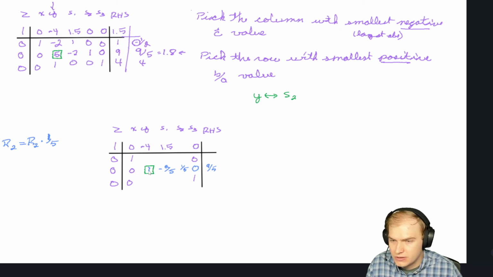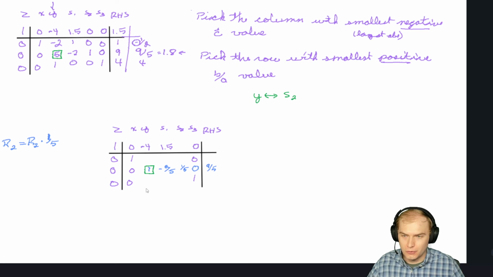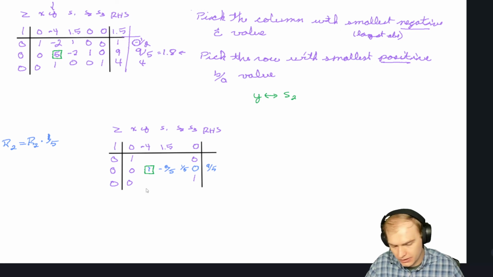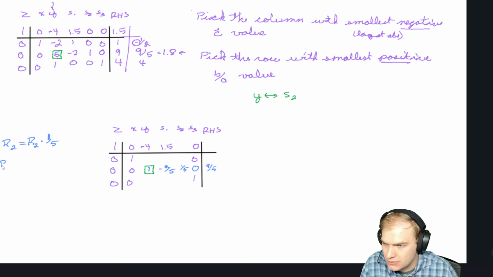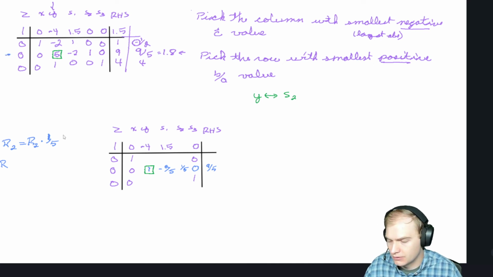And then I'm just going to use this row because it's sort of normalized already. It's got a 1 entry there. I'm just going to use that row instead of this row for our next operations, so we don't have a bunch of extra 1/5 floating around.